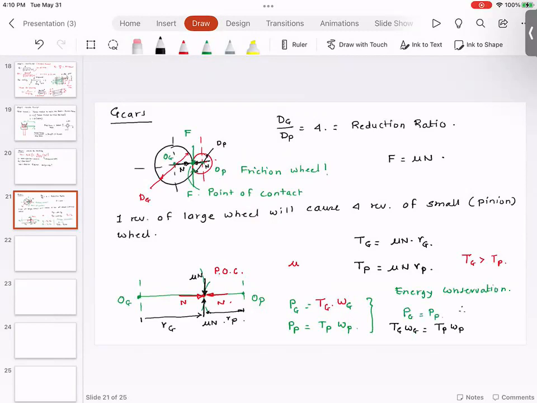That gives me an important equation, T of G divided by T of P is equal to omega of P divided by omega of G.